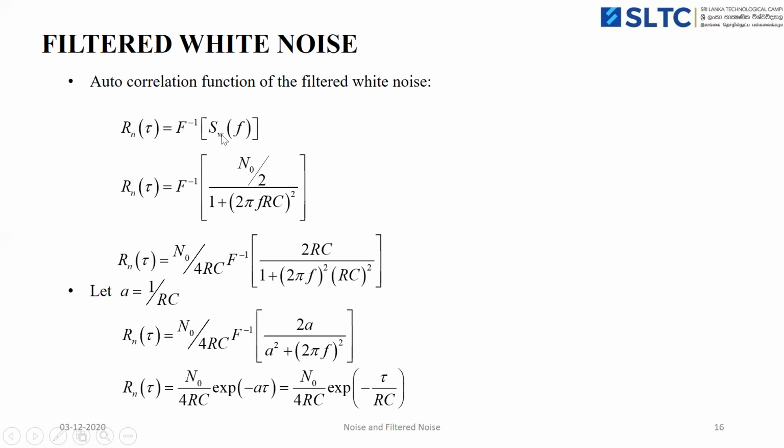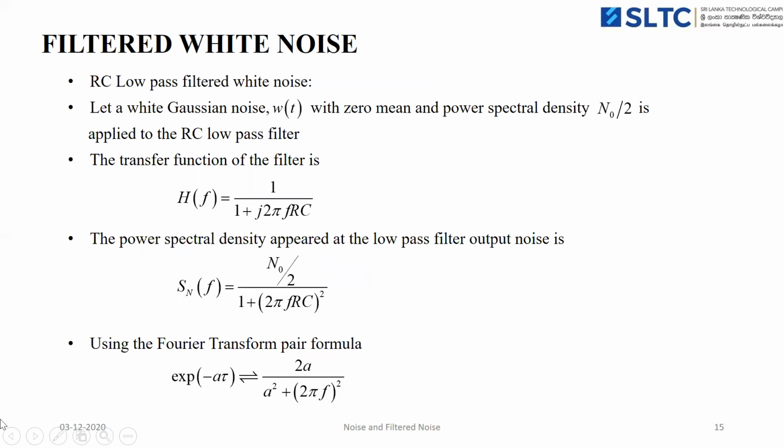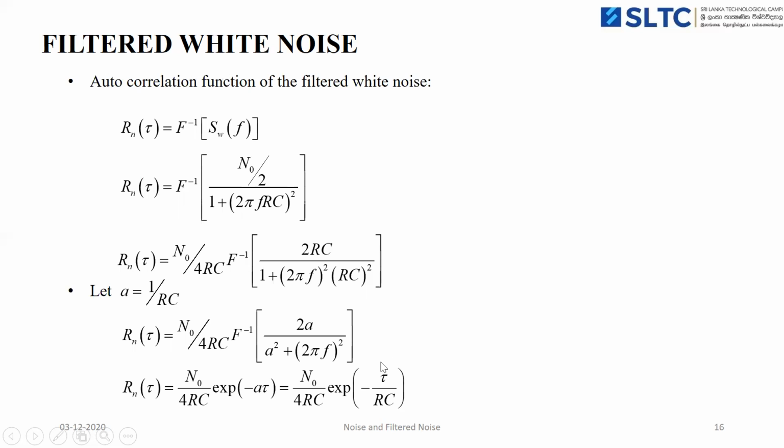Here the subscript is n. Now we have to substitute the power spectral density of the RC filtered white noise, that is N0 by 2 divided by 1 plus (2 pi f RC) whole squared. We are going to rearrange this expression to apply the Fourier transform pair formula, converting it to an exponential term. So we rearrange the expression as 2RC divided by 1 plus (2 pi f) whole squared into (RC) squared.